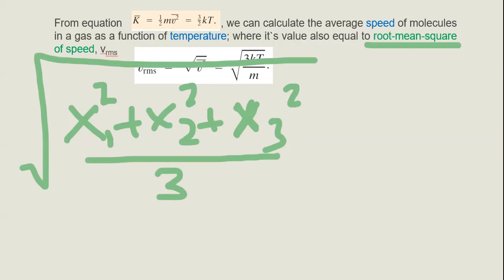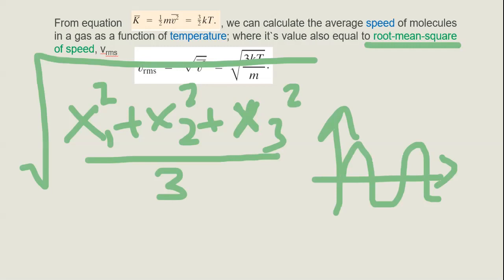Why do we do this? Let's look back at your graph. We have a positive, negative graph. What happens when you square this graph? When previously there was a positive and negative graph, now you will only have positive peaks.